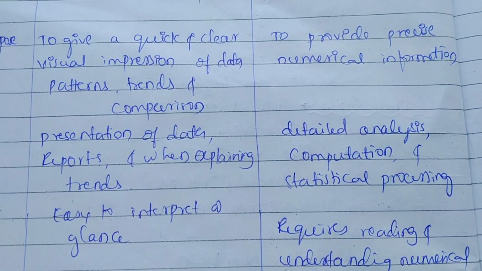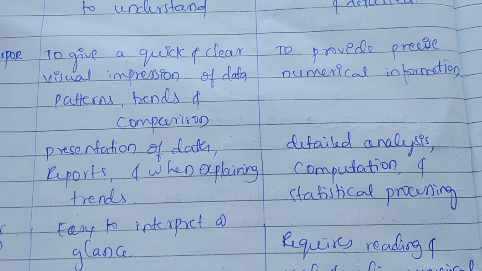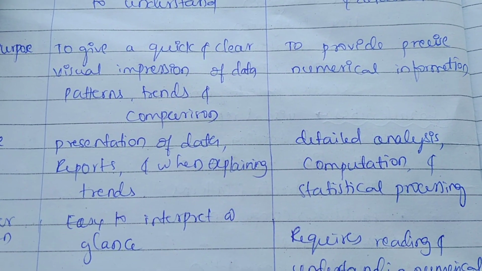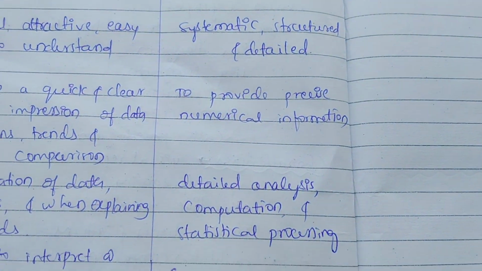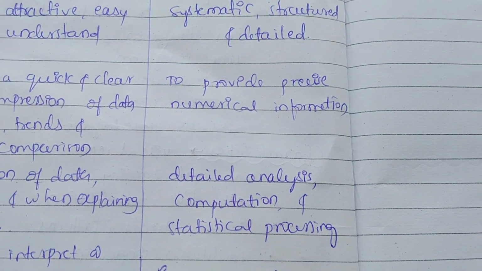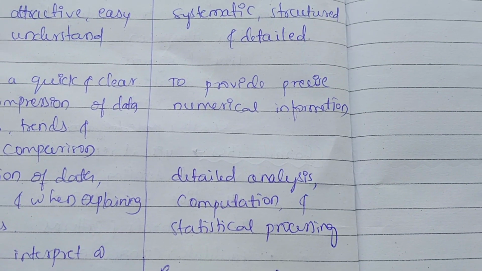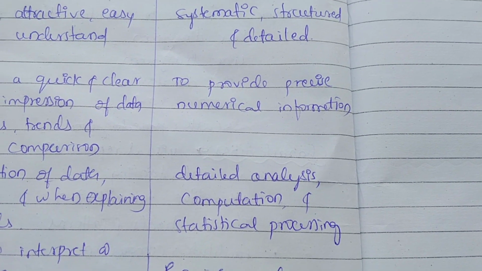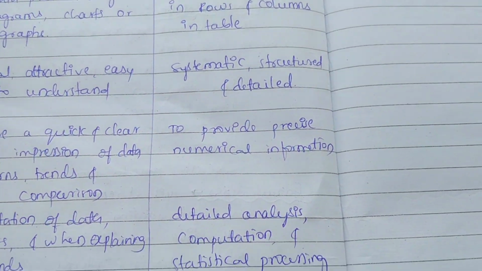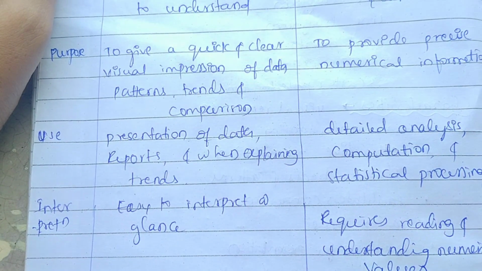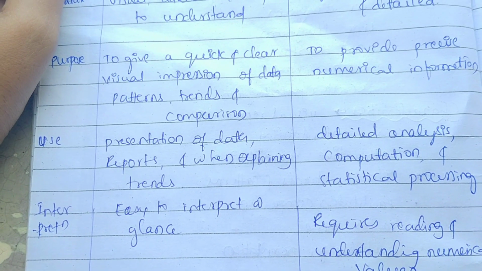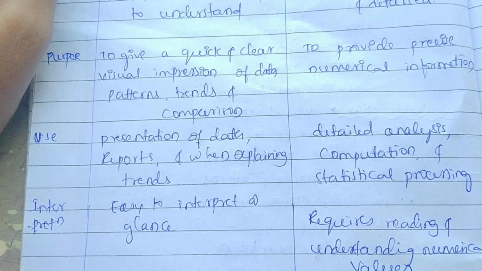Graphical presentation is used in presentations and reports, and it is most helpful when explaining trends. For detailed analysis, computation, and statistical processing, tabular presentation is very helpful. Interpretation: graphical is easy to interpret at a glance.